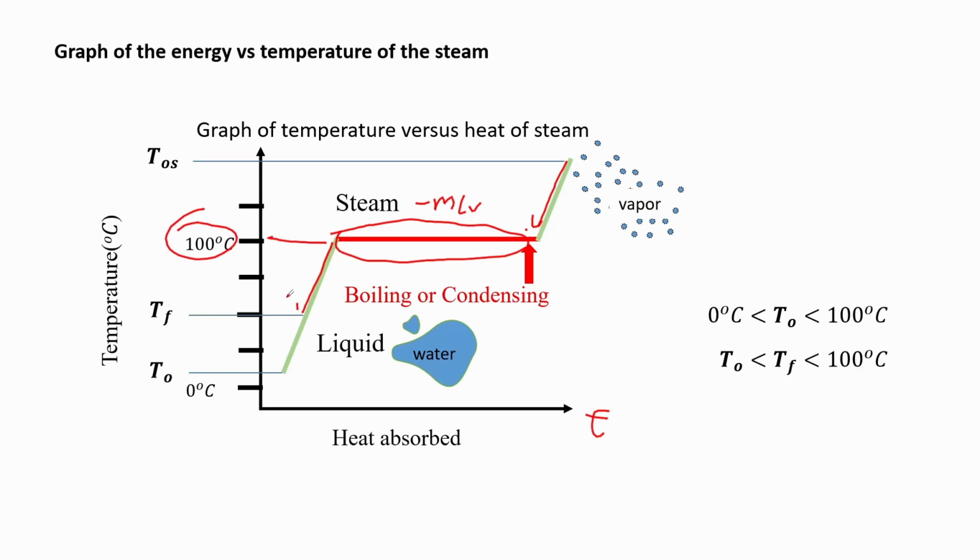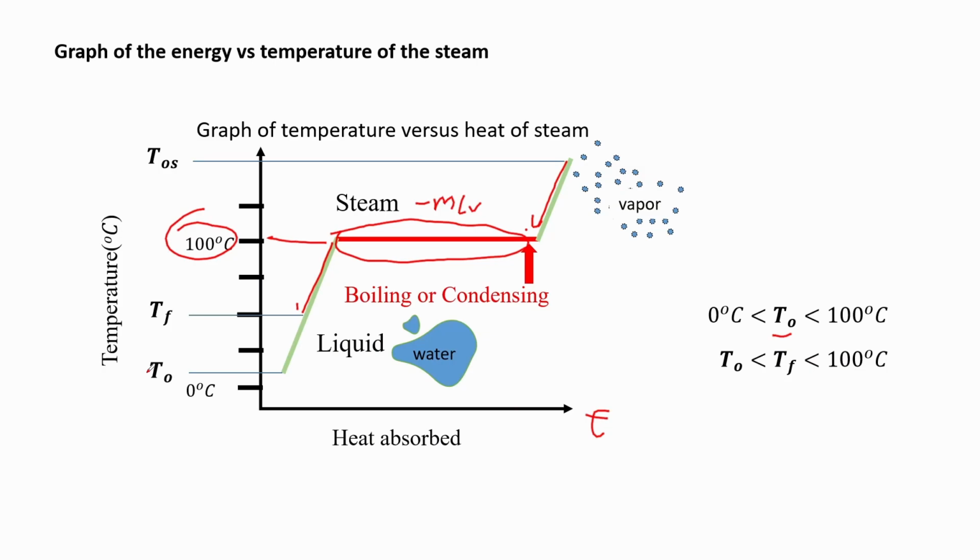For the ranges, we know that the T naught must be greater than 0 degrees Celsius because we have initially liquid water, and it cannot be in ice form. So that means the temperature will be greater than 0 degrees but less than 100 degrees Celsius approximately.